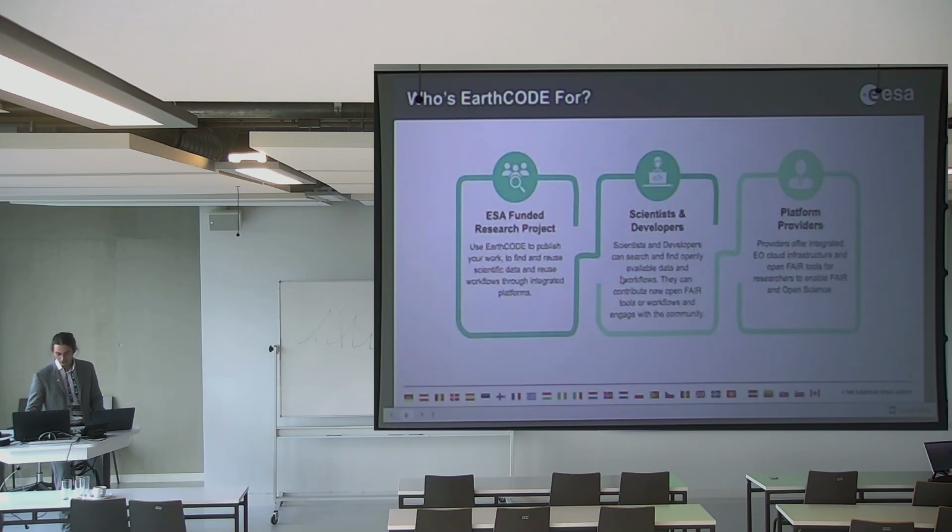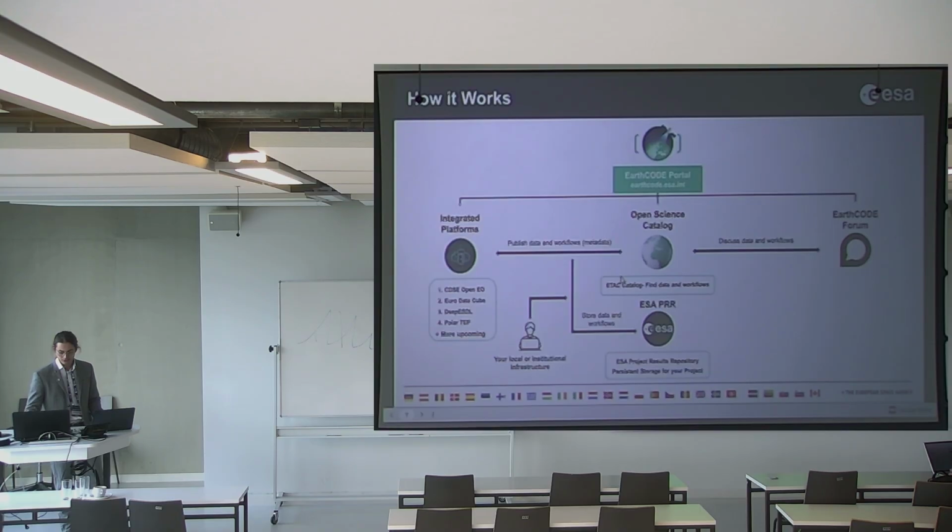And how EarthCODE does that is via three key features. First of all, everything is accessible via the EarthCODE portal. If you go to earthcode.esa.int, which we have a link to in the tutorial page, you'll be able to see all the different aspects; the whole ecosystem is accessible via the portal.